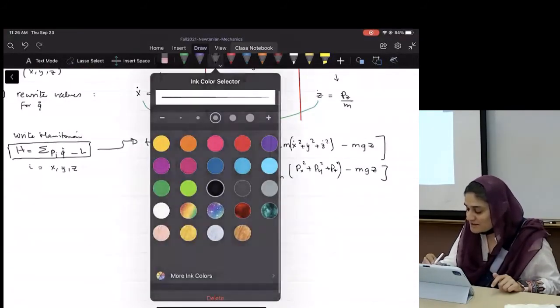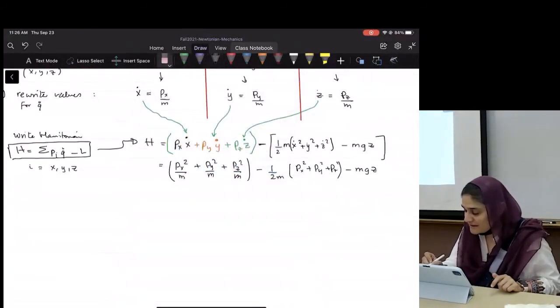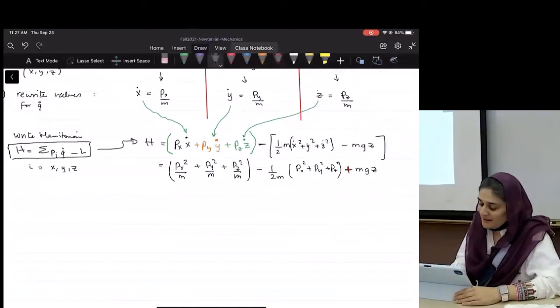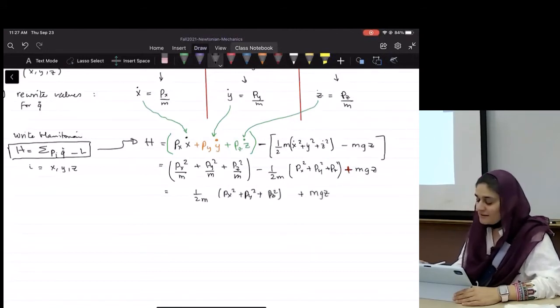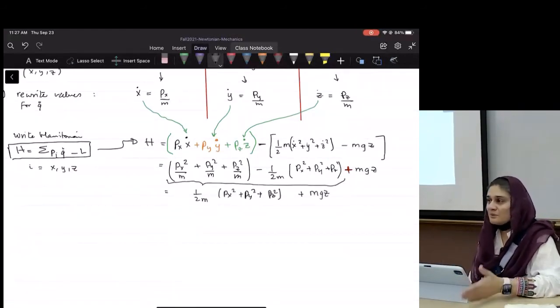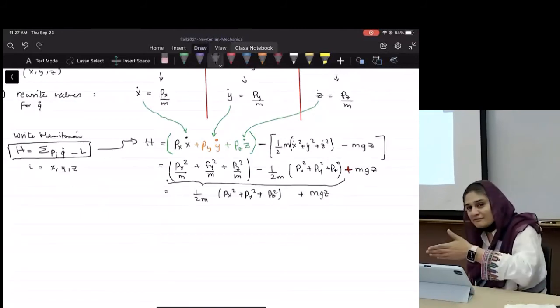I am going to change this plus sign to a minus sign and this to a plus sign. Can I rewrite this as 1/2m (px squared plus py squared plus pz squared)? These two do result in that, right? There's a 1 with the first term and there's a 1/2 with the other term.